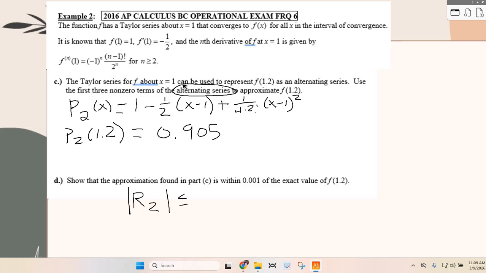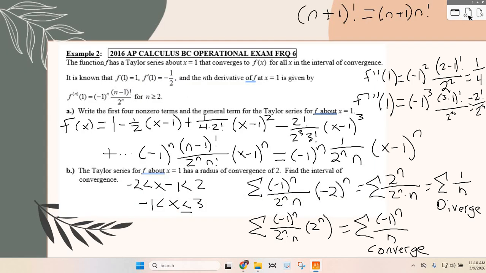Are we all okay with that? Because it's an absolute value, yes. So I'm just going back to our general term that we had here, and plugging in my next term. We went up to p sub 2, so my next unused term would be P3, or n equals 3.